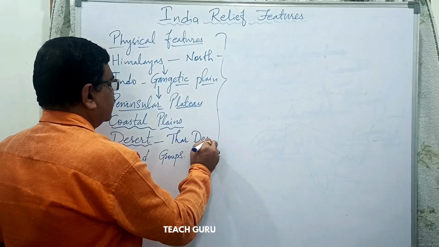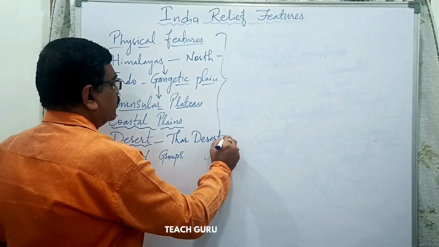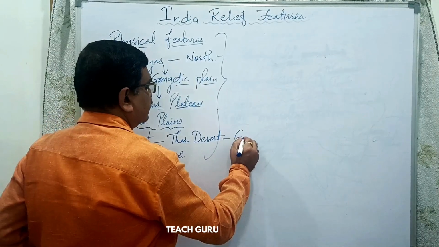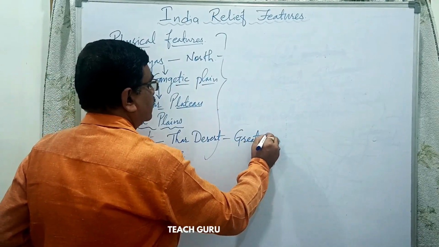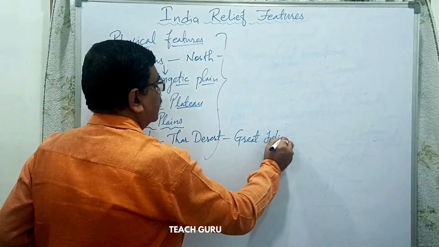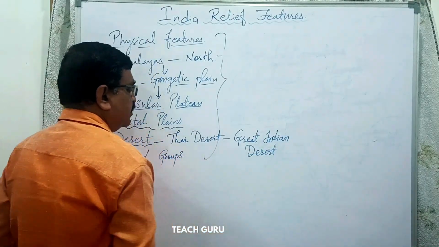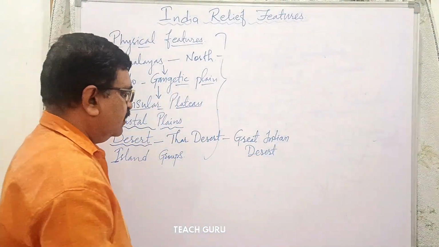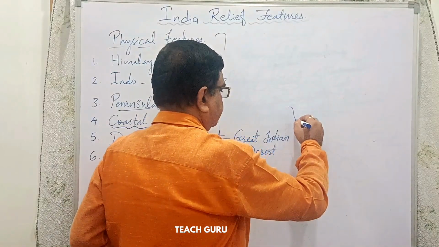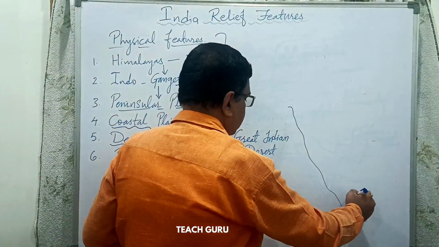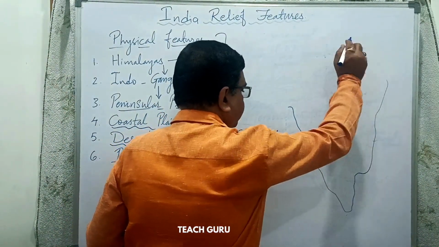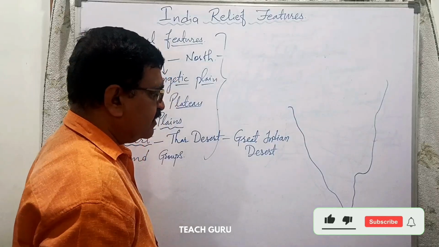This desert is also known as Thar Desert. It is also known as Great Indian Desert. Now you see, again we have to take the peninsular part into consideration.